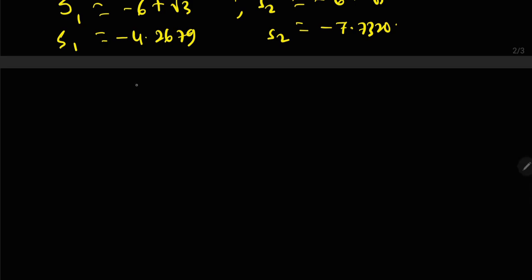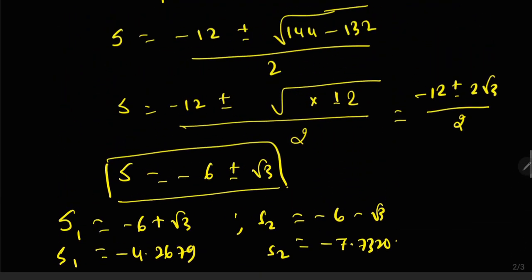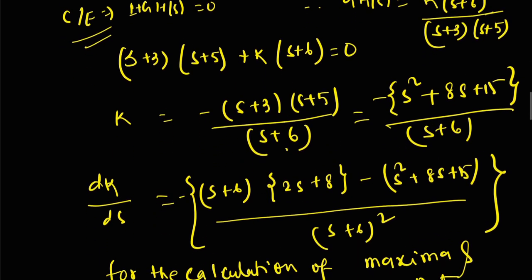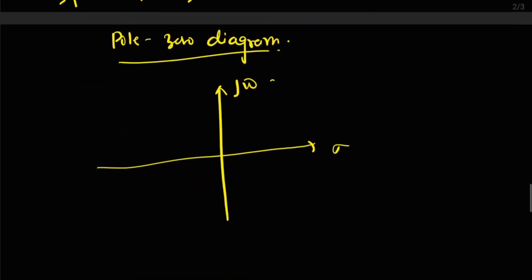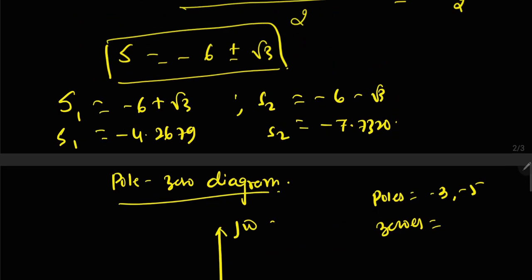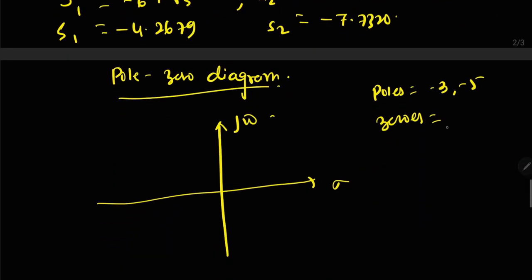Plot the pole zero diagram. Sigma j omega. Our poles are minus 3 and minus 5, and zero is minus 6.